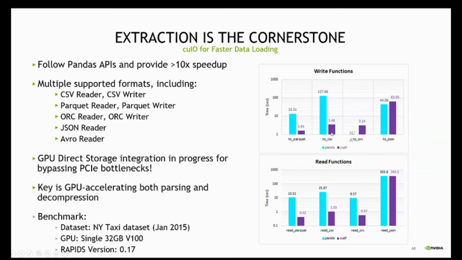Obviously, for JSON, we are still trying to improve the performance, but at least for Parquet, CSV, and ORC formats, we see that the read happens much faster. And similarly for the write function as well. This is based on a dataset called the New York Taxi dataset, on which these benchmarks were done.